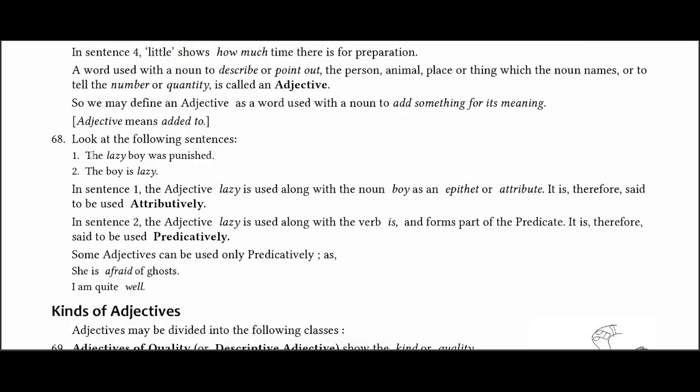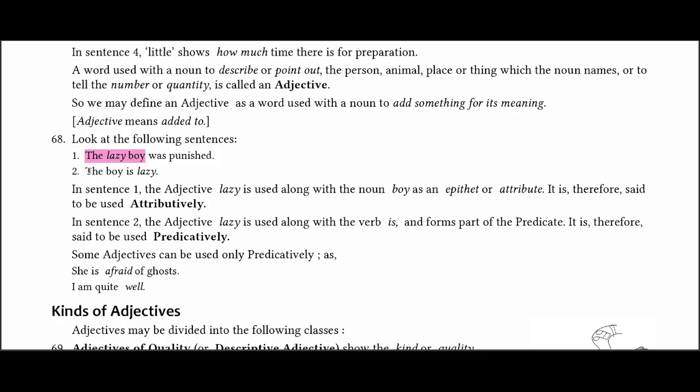Now look, the lazy boy was punished. I'm reading point number 68. The lazy boy is the subject, was punished is the predicate. And this word lazy is describing the noun boy. So it is an adjective.